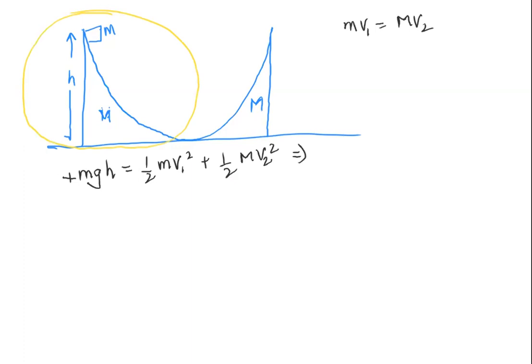So to find out v1, I will get 2mgh is equal to mv1 square plus capital V2 square, which will be m square v1 square by m square. This m will cancel, this m will cancel.